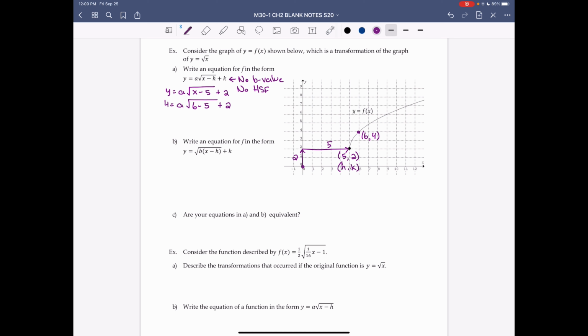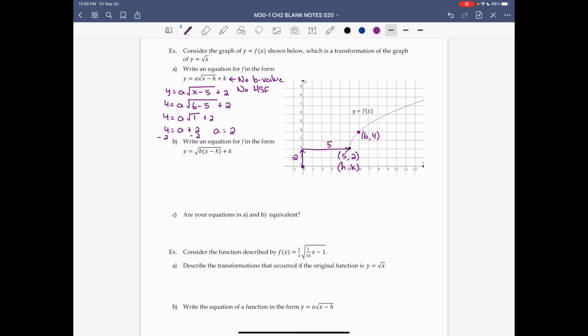Then I want to simplify. We have 4 equals a square root, 6 minus 5 is 1, and then plus 2. 4 equals, square root of 1 is just 1, and 1 times a is just a, plus 2. And then we want to subtract 2 from both sides. So a would equal 4 minus 2, which is 2.